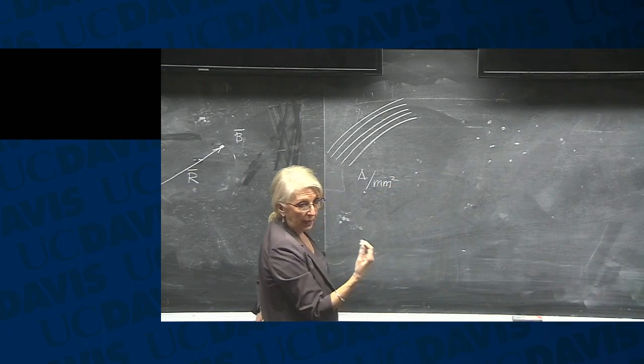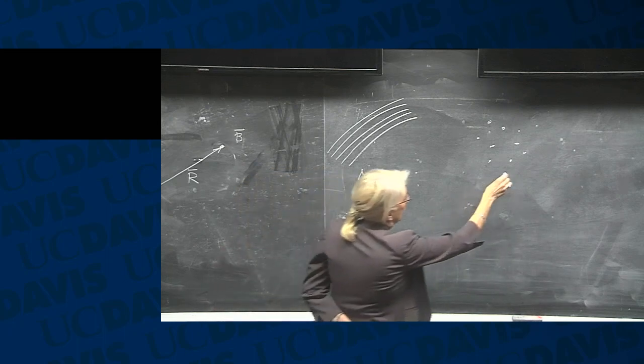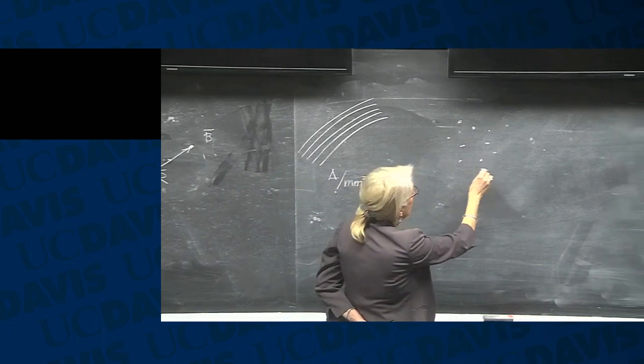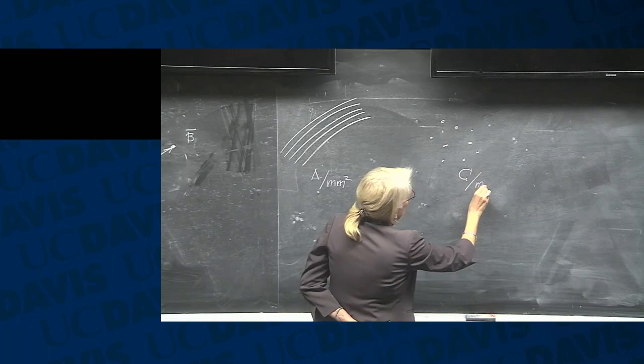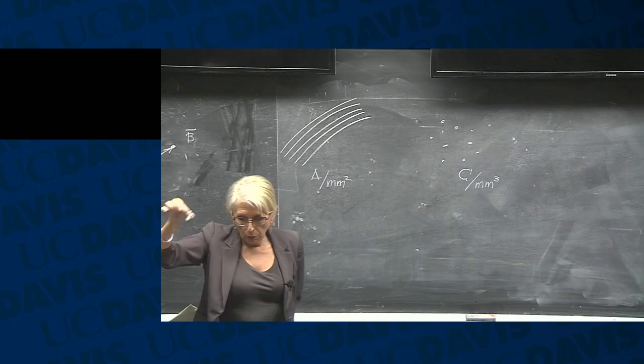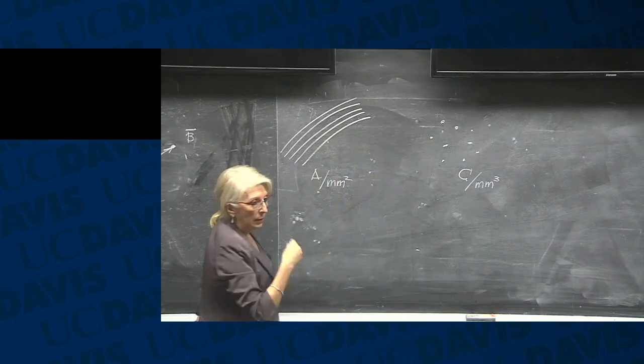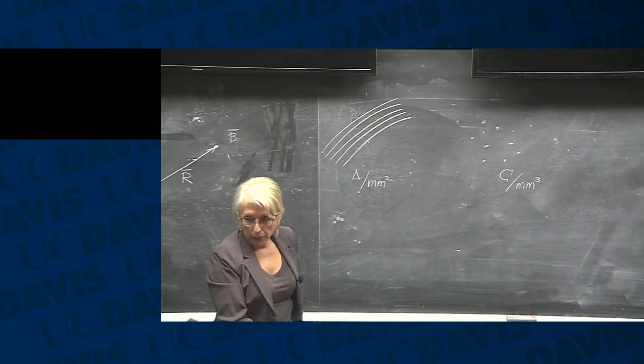You cannot have a current density in amps per meter cubed. But we could have a charge density in coulombs per meter cubed, because charges are at points. Currents flow along lines, okay?